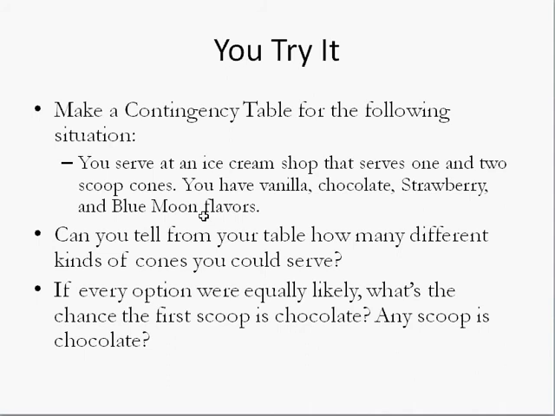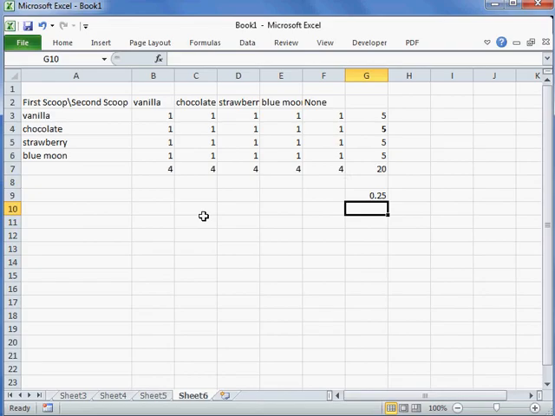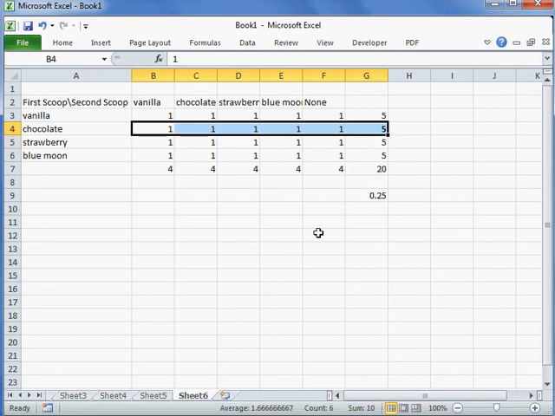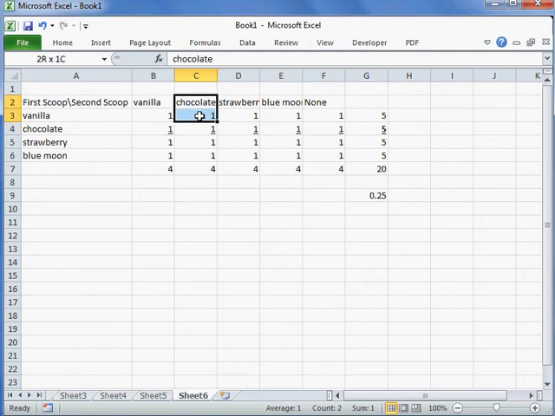A different question is, what's the probability that any scoop is chocolate? So notice now, these are all chocolate cones, and these are all chocolate cones. So it would be tempting to say that we have 4 of this type and 5 of this type, making 9 total, and you have 9 out of 20.